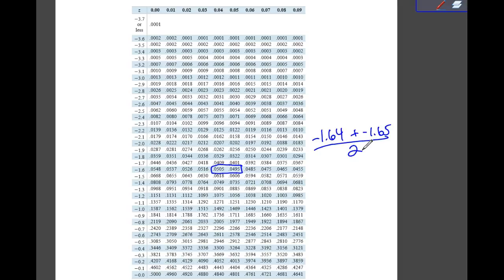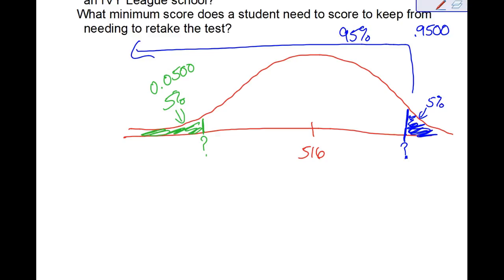If they are exactly equal distance apart, we're going to take their average. So we're going to add negative 1.64 to negative 1.65 and divide by 2. And we get a z-score of negative 1.645. This is for the bottom part. So my z-score down here that I'm going to be using is negative 1.645.